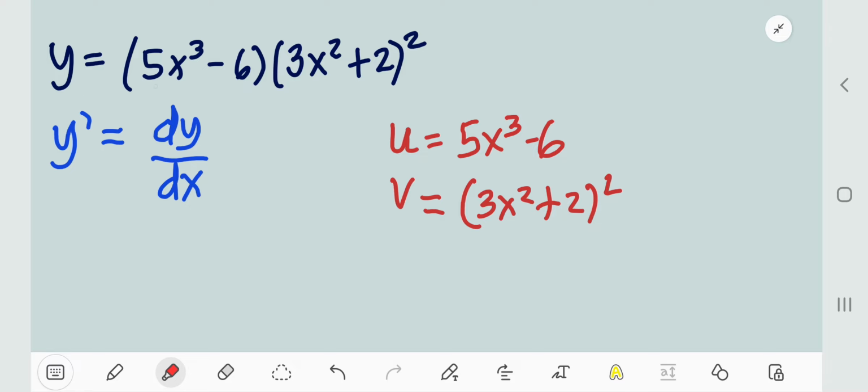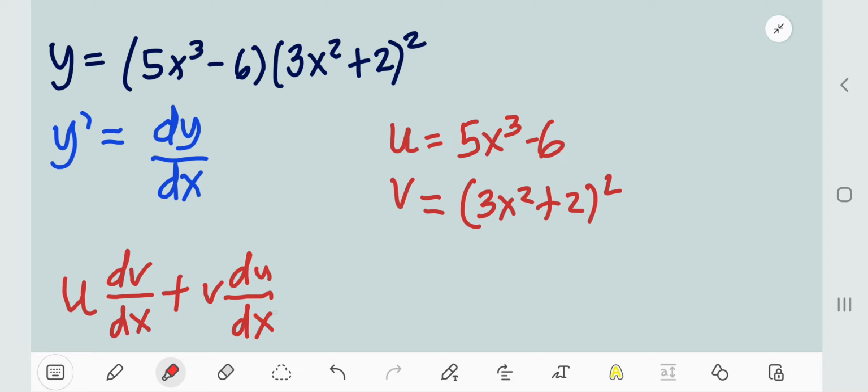And the formula for the derivative of the product of two functions is going to be u dv over dx plus v times du over dx. So what is missing here is dv over dx and du over dx.